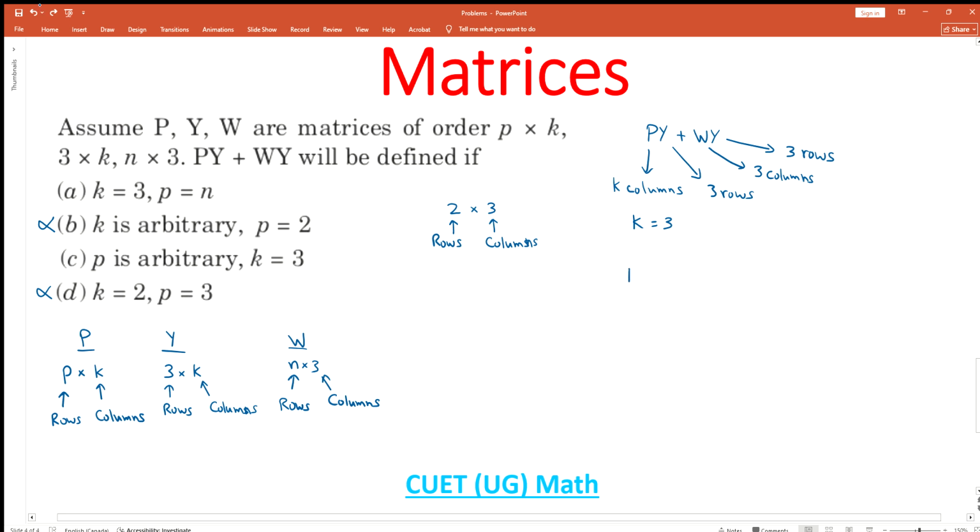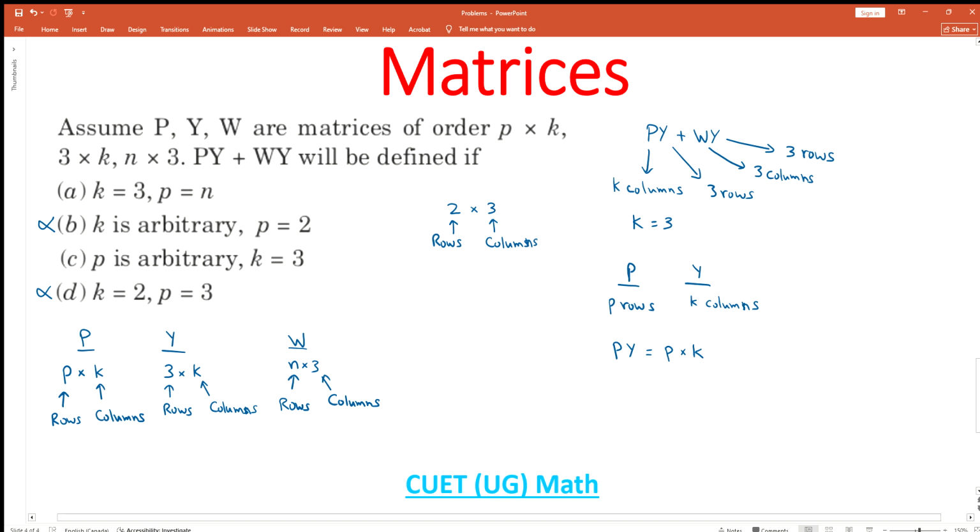In matrix P, there are P rows, and in matrix Y, there are K columns. That means matrix product PY is a matrix whose order is P by K.